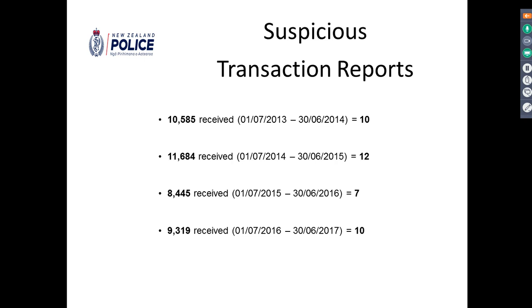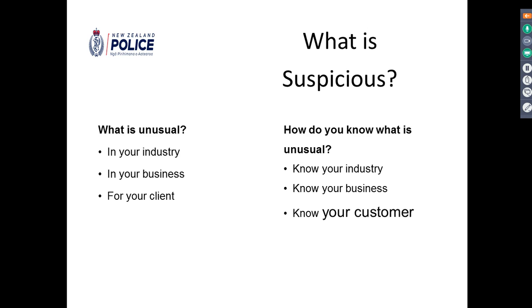Knowing what those vulnerabilities are will help you with your risk assessments that the DIA will speak about a little later on, and it will also help you protect yourselves from being caught up in any of this activity. That is something that you certainly don't want to be doing.